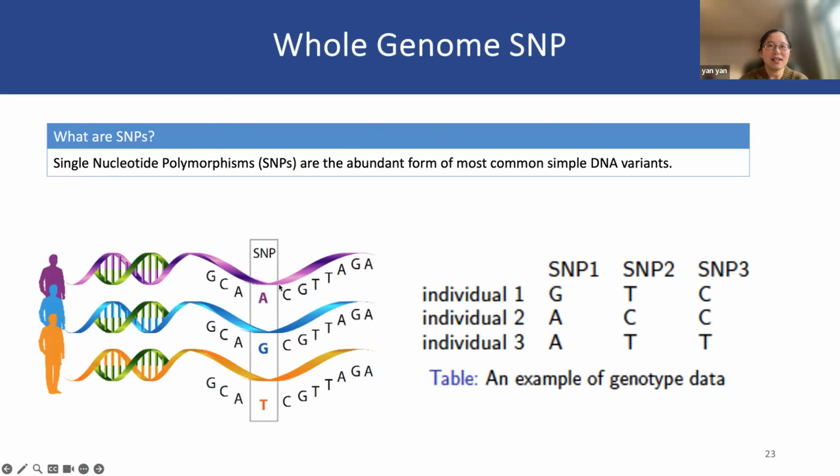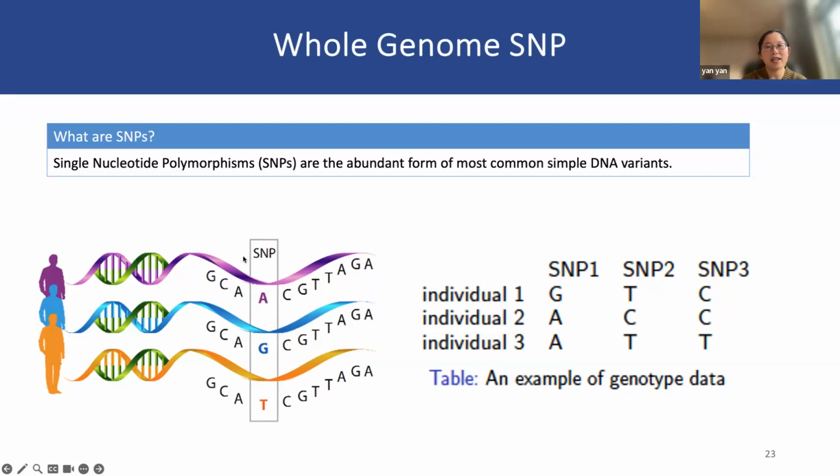So what is a SNP? If we look at this figure, you can view this as the DNA of different individuals. And on this long chain of DNA, most of the positions all have the same nucleotide, but on some positions, they may have different ones. So this difference of just one single base pair of nucleotide is called a SNP.